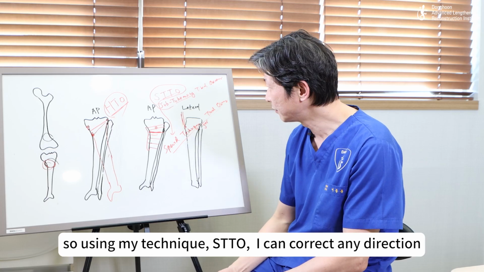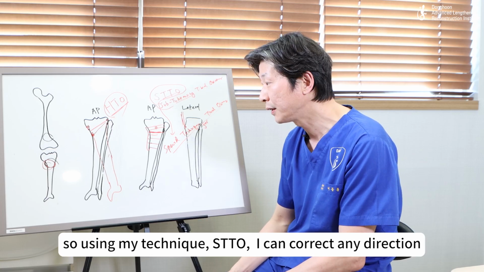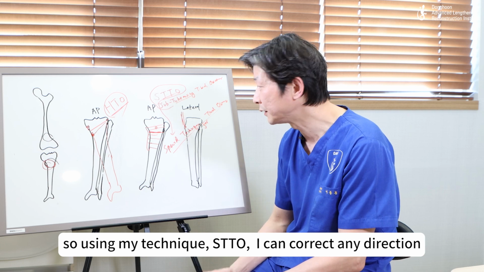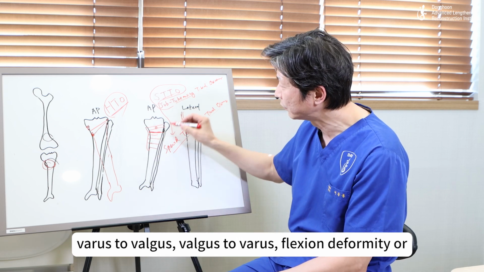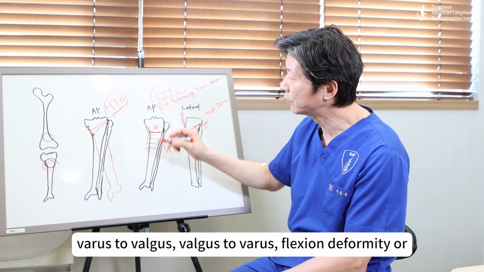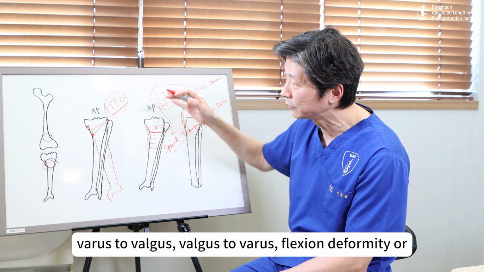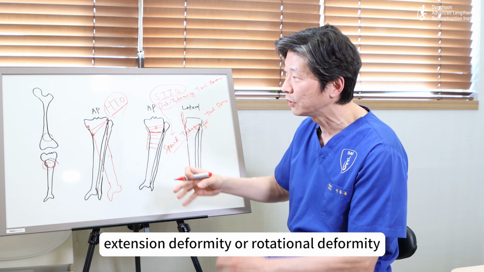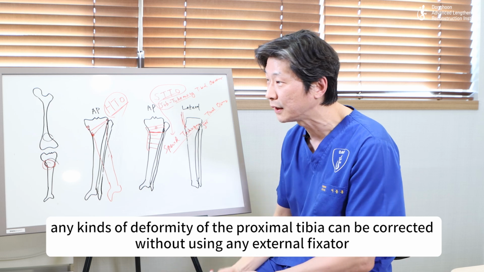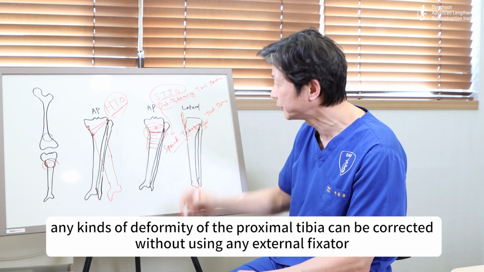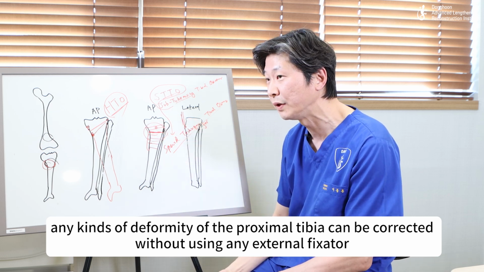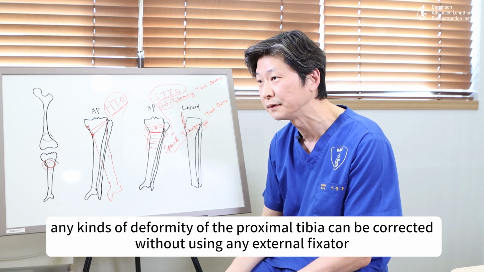So using my technique, STTO, I can correct any direction, varus to valgus, or valgus to varus, or flexion deformity, or extension deformity, or rotational deformity. Any kind of deformity of the proximal tibia can be corrected without any external fixator.